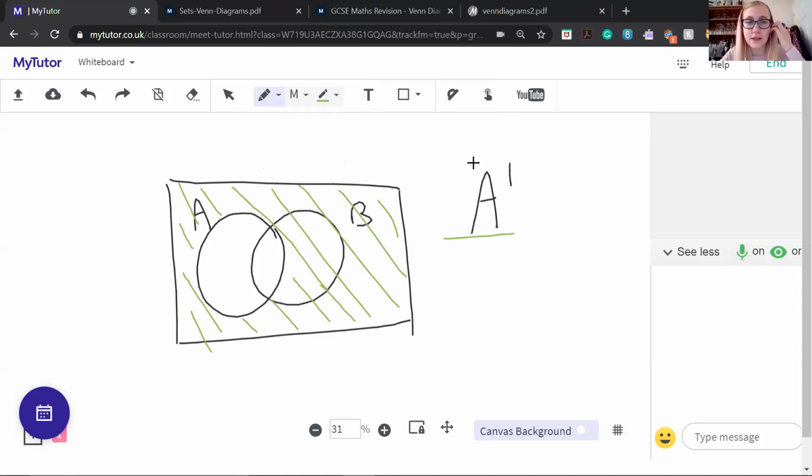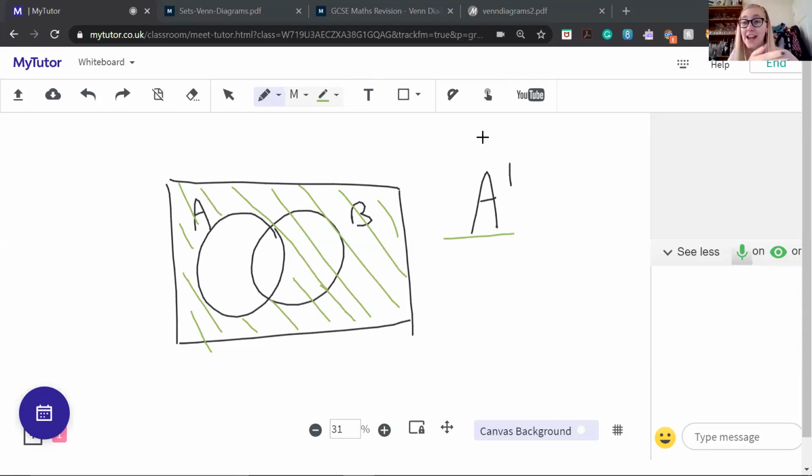Hopefully that makes sense. Oh, a couple of people have said, what does mutually exclusive mean? That's a good question. Mutually exclusive means that you can only be one thing or the other. For example, a number being odd or even, they're mutually exclusive. A number can't be odd and even. Does that make sense? I hope so.